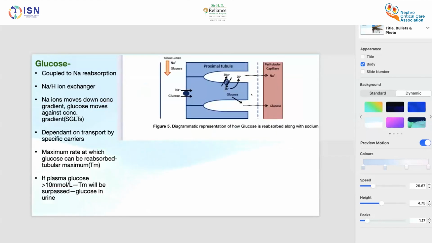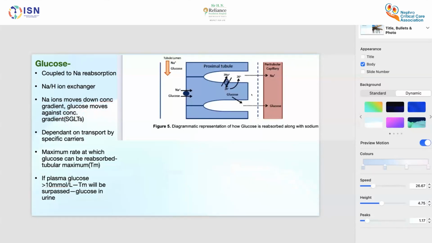Then glucose. Glucose transport is coupled to sodium reabsorption. With this sodium hydrogen ion exchanger at the tubular lumen side of the PCT, the sodium ion moves down the concentration gradient after this sodium potassium ATPase pump action. At that time glucose moves against the concentration gradient.